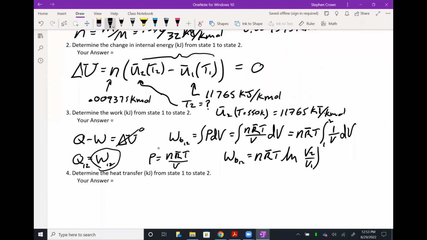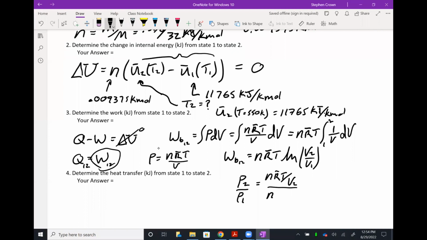Now we can write P2 is equal to n R bar T over V2, and divide by our definition of P1 on both sides. So P1 on the left side is in the denominator, and P1, written using the ideal gas law, is n R bar T over V1.